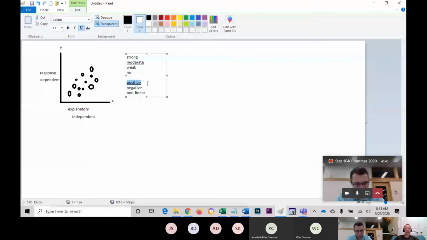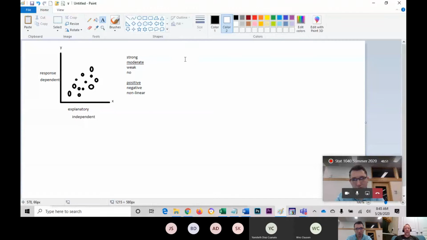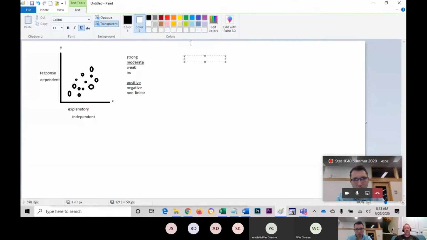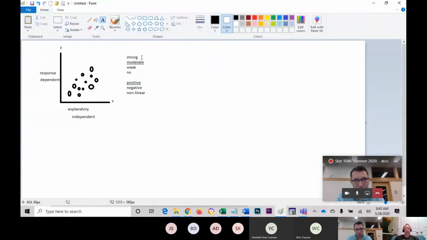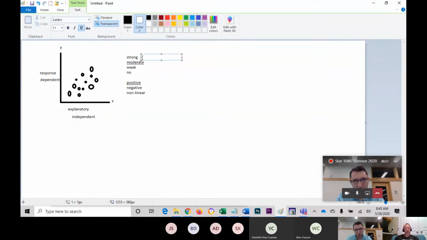Okay. So we will give you a bunch of scatter plots. If we talk about the absolute value, so if the absolute value of R is greater than 0.7, we're going to call that strong.